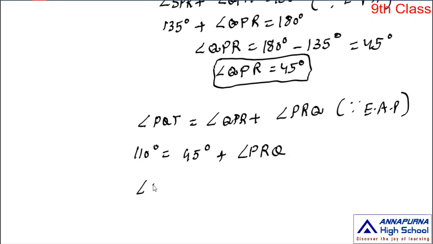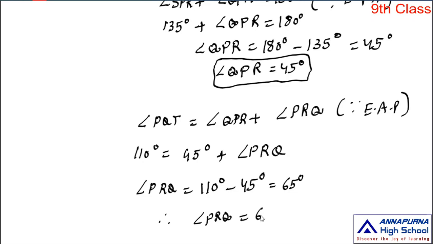So angle PRQ is equal to 110 degrees minus 45 degrees, that is equal to 65 degrees. Therefore, angle PRQ is equal to 65 degrees. This is the first problem.